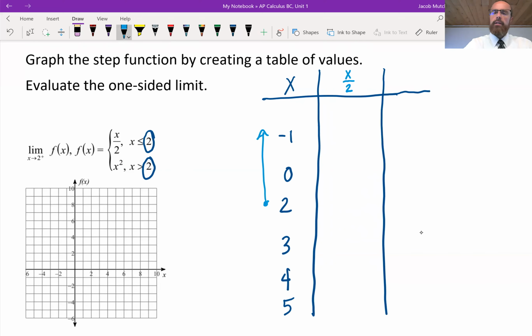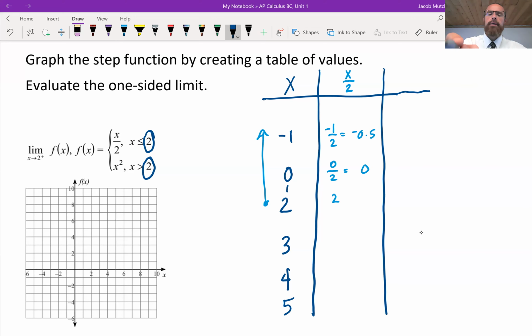So let's evaluate those outputs. So this is going to be negative 1 over 2. I'm just replacing negative 1 for x. So that's, as a decimal, negative 0.5. 0 over 2 is just 0. So that's right on the origin. And then 2 over 2, oh, I have a hard time counting sometimes.